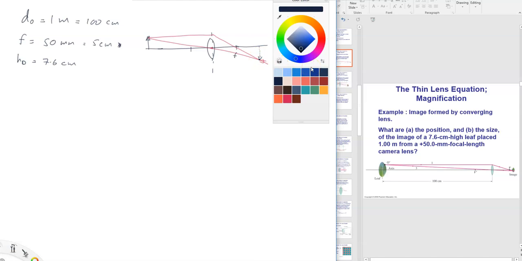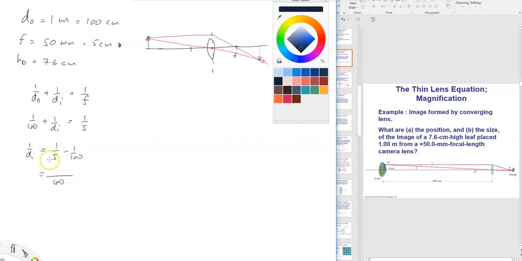Alright, so let's do the math. 1 over DO plus 1 over DI equals 1 over F. 1 over 100 plus 1 over DI equals 1 over 5. 1 over DI equals 1 over 5 minus 1 over 100.